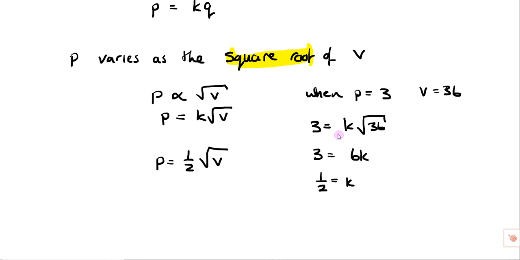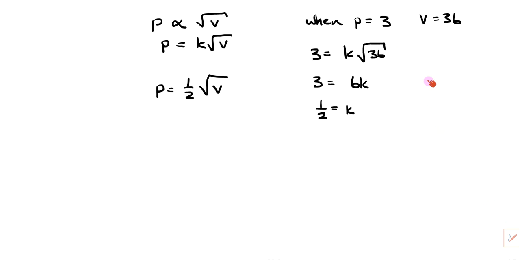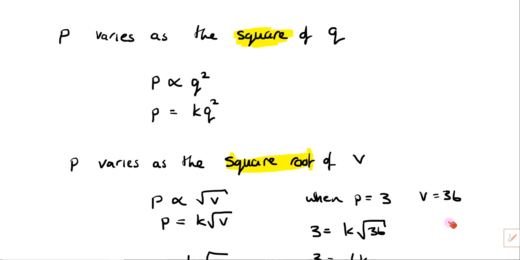But what people tend to do is forget to do the root or forget to do the square. So for instance, up here on this one, I could add the information.